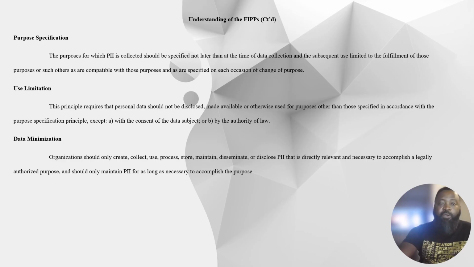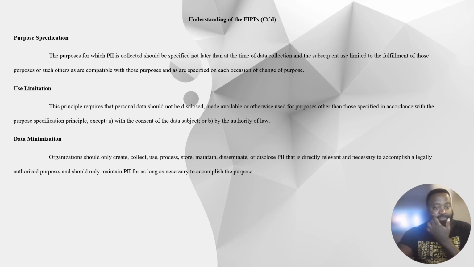So agencies are not allowed to use this PII beyond the purpose that was specified in the principle above, except in a situation where the data subject, the person whose PII was collected, has given consent, or by the authority of law, say there is a court order to use the PII beyond the purpose specification.